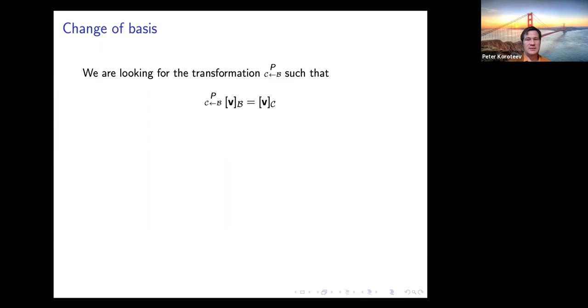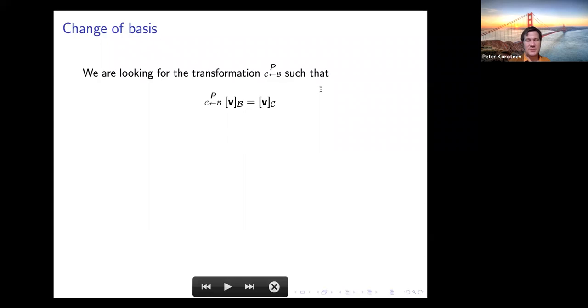It's called P from B to C, and then you see why I put the arrow in the opposite direction, such that, well, you should treat this as one symbol. So that it's a change of basis from B into C. And so that if you apply the symbol to V sub B, you get V sub C.